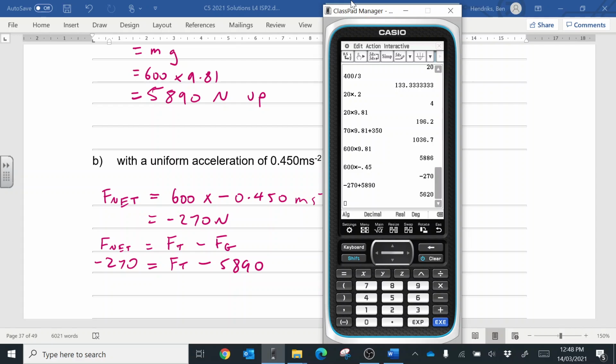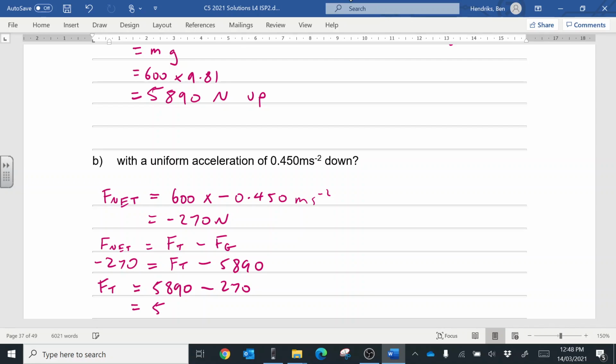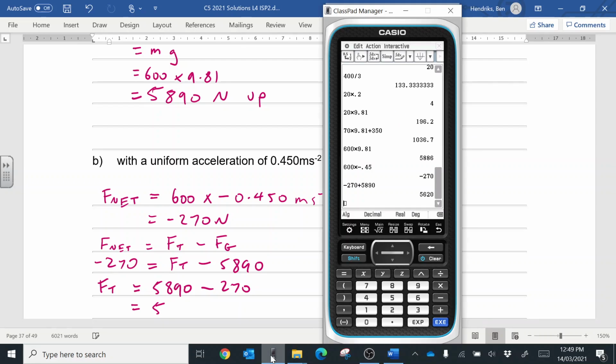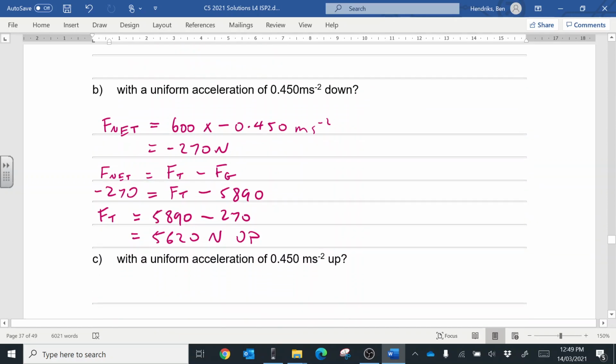Okay, so Ft will equal 5,890 minus 270, which equals 5,620. Upwards. Okay, 5,620 newtons up.